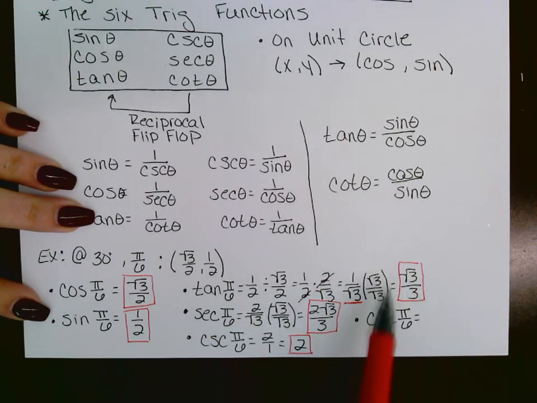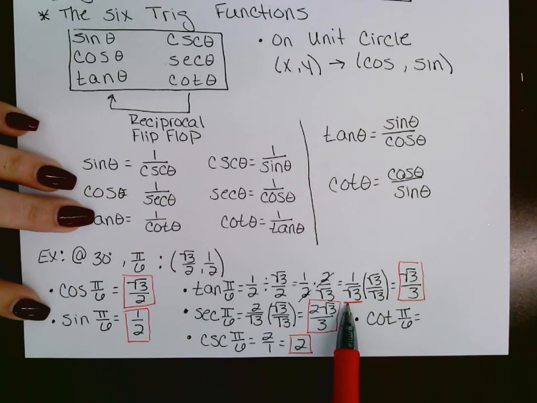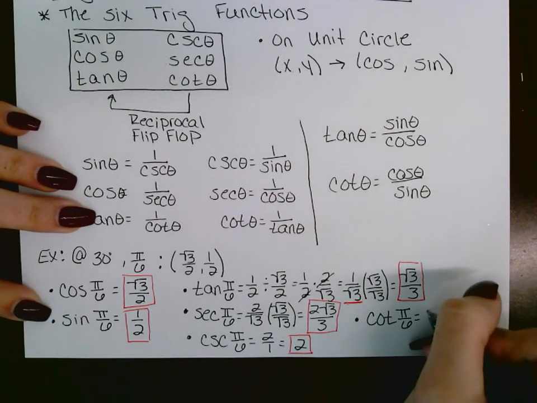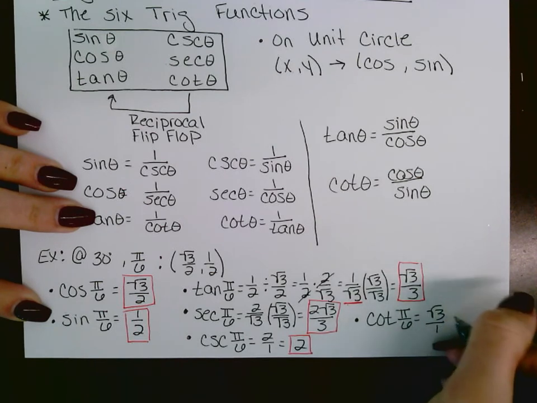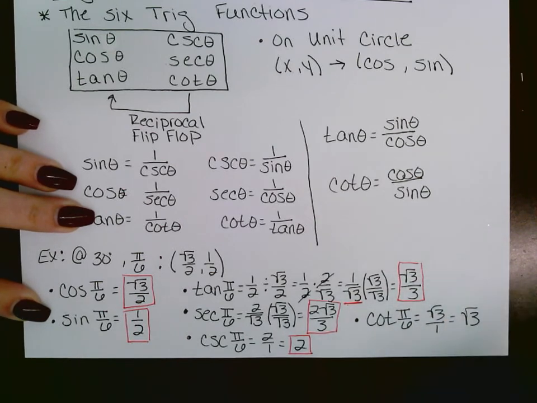Whenever you had to rationalize and you're going to be flip-flopping, always check back to what you had here. Because if I flip-flop this, what do I get? Radical 3 over 1, which is just radical 3. And I eliminate having to rationalize again. Again, you won't be wrong if you go through that process.